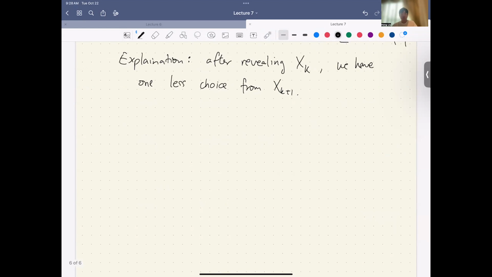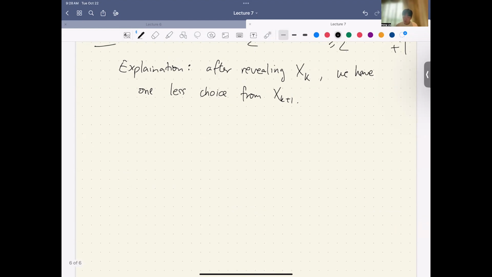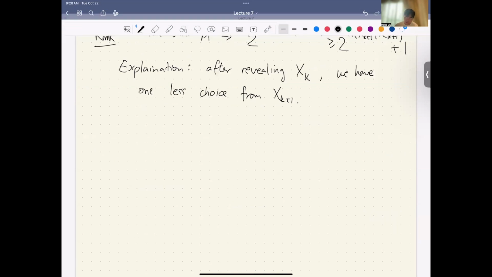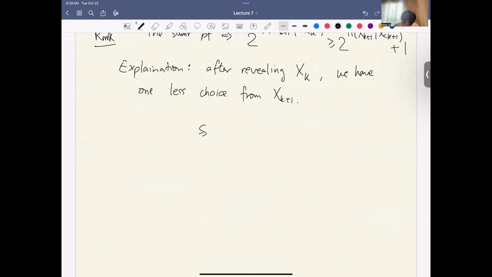Now is our last application of entropy methods. It's a fairly recent development from the previous 2 years on the union closed conjecture. So let me first explain some definitions.